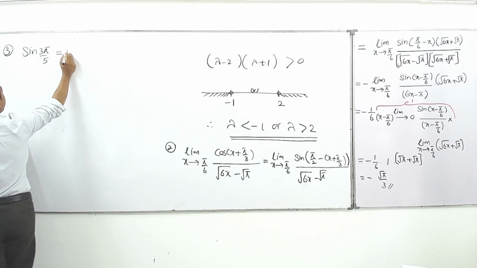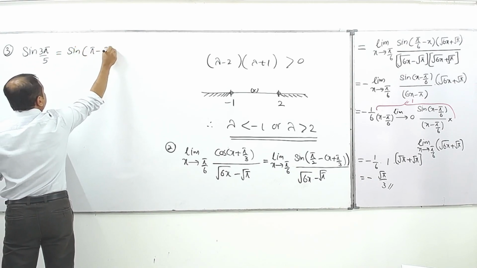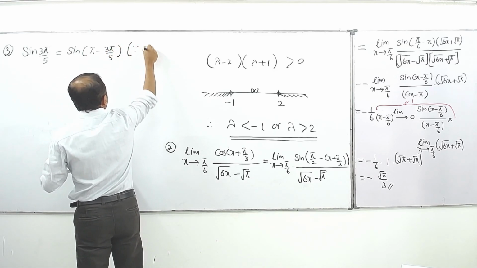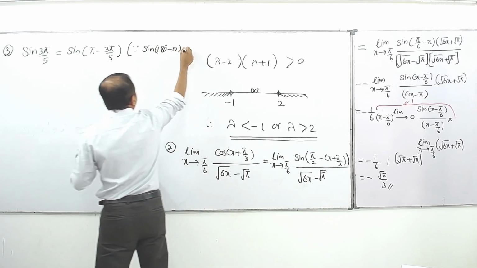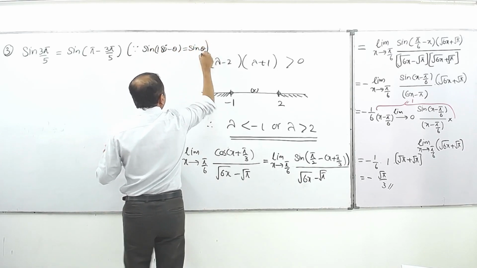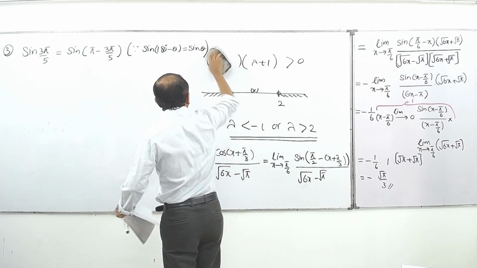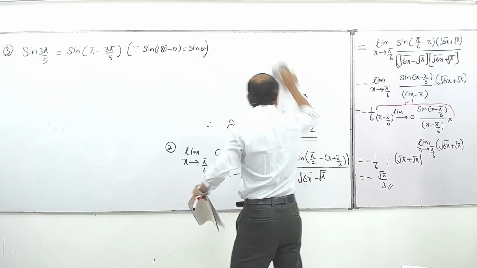People, I can write this one, this is sine pi minus 3 pi by 5. Because you know, sine 180 minus theta is equal to sine theta. This you know. Then I can write that sine 2 pi by 5 this way.